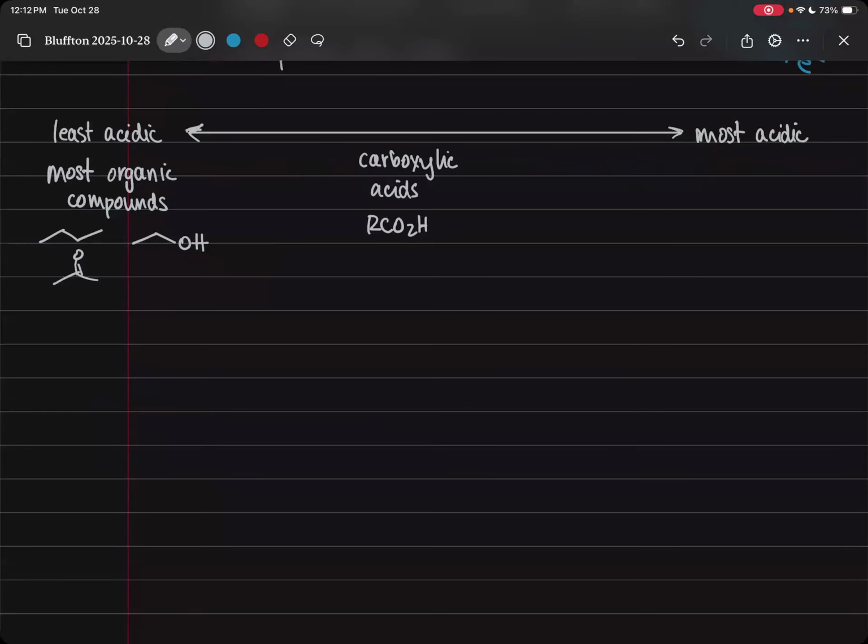And so as a point of comparison, the pKa, where lower pKa is something that's more acidic. Ethanol is roughly 16. A carboxylic acid is 4 to 5.